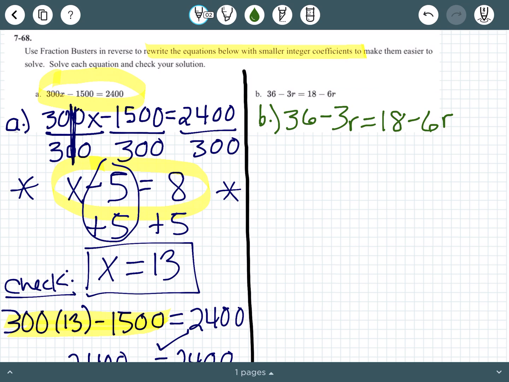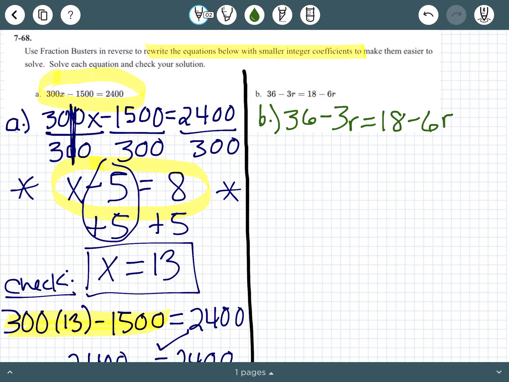When I look at these, I have a 36, a negative 3r, and a negative 6r. I have a minus 3r as a coefficient of my r.